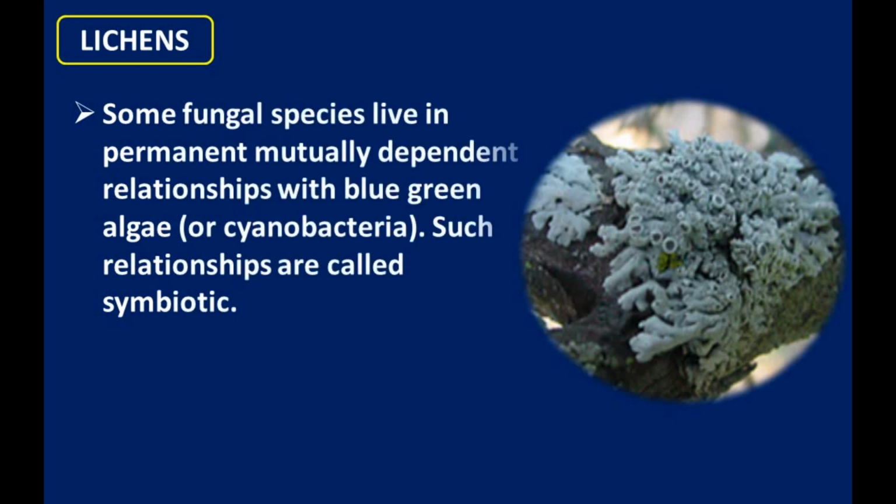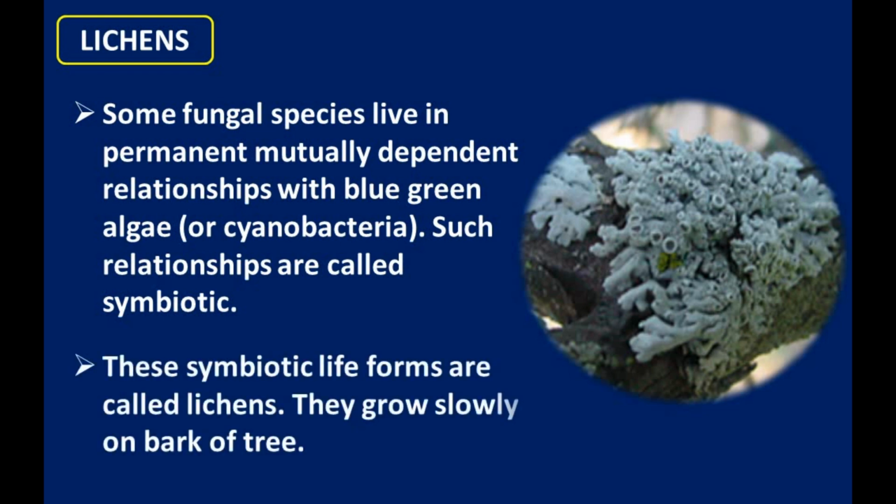Some fungal species live in a permanent mutually dependent relationship with blue-green algae or cyanobacteria. Such relationships are called symbiotic relationships. They grow permanently with a mutually dependent relationship. These symbiotic life forms are called lichens.